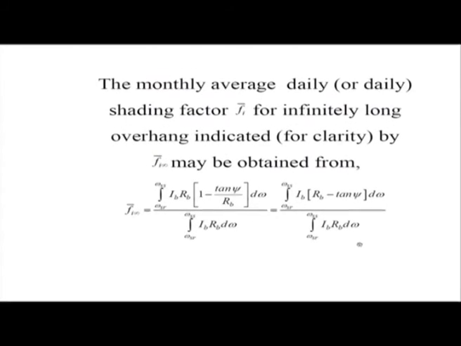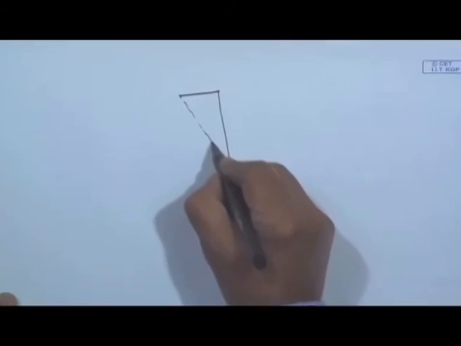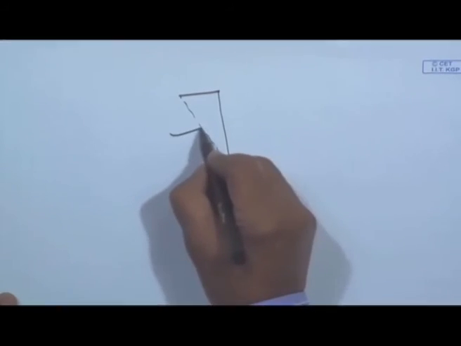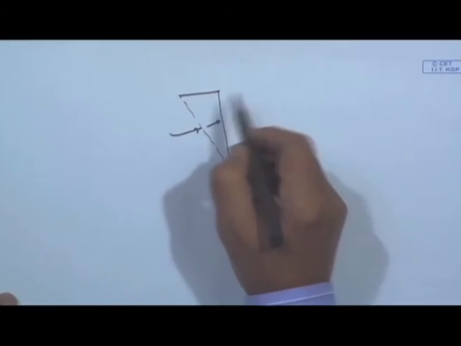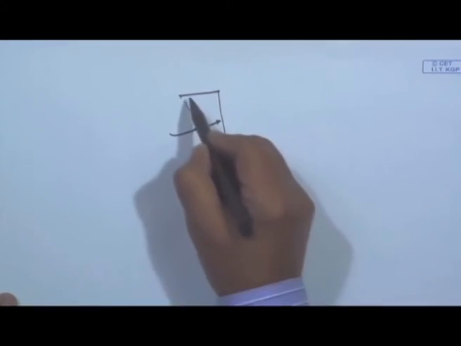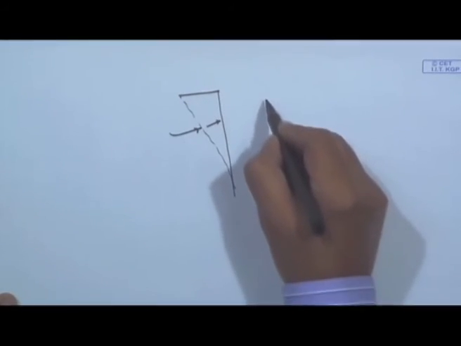The simple optics law is that whatever solar radiation enters through the aperture will reach the sun. So, I will forget about the window and the overhang system.